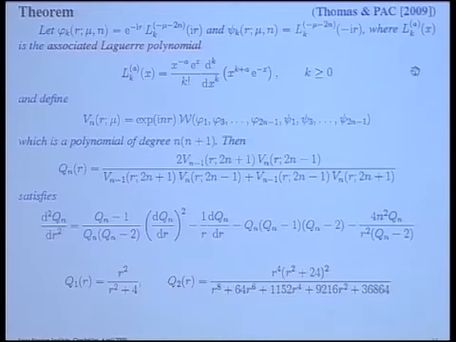Then I get a polynomial of degree n times n plus 1. And then what you find is that, making specific choices for this parameter mu that appears in here, this is a solution of this equation here. So I've got these rational solutions of this Qn equation arising from the complex sine-Gordon equation.